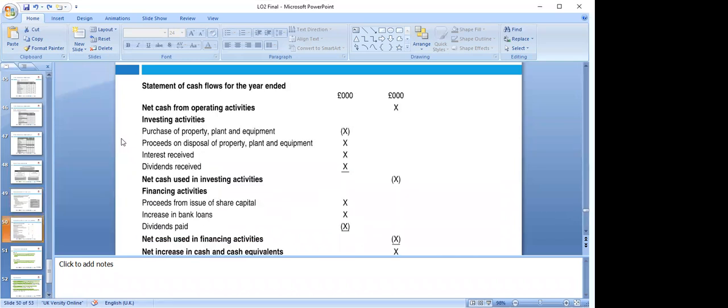So this will be the layout of different companies' financial statements: net operating activity, net financing activity, net. Operating is the normal business, investing is if you're buying and selling non-current assets, and financing is if you're borrowing money through a loan or issuing shares. Are you paying dividends? Are you settling debts?